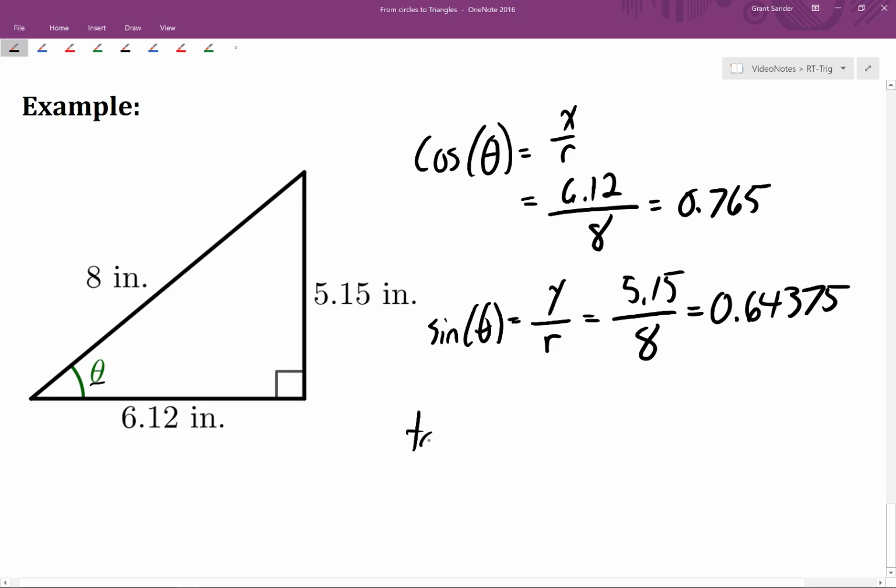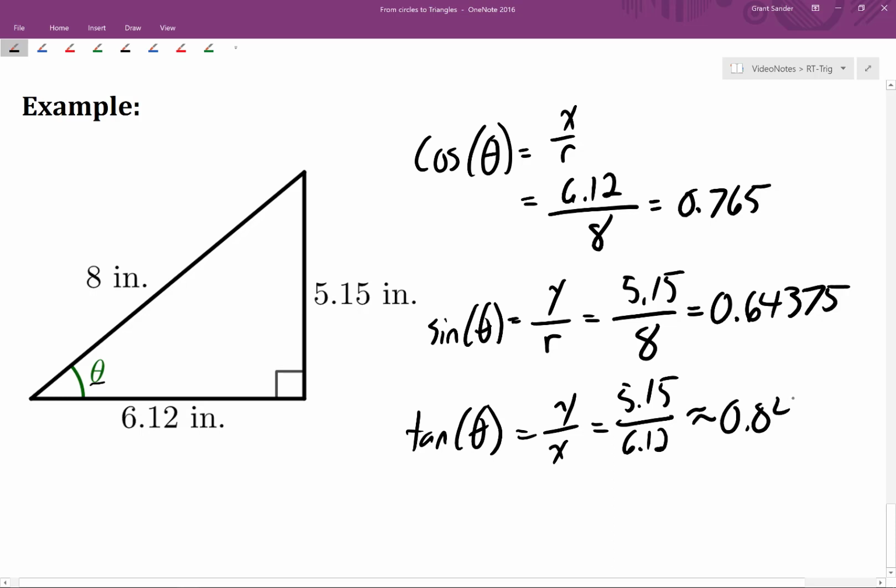And then on the other hand, tangent of theta represents the slope of the hypotenuse, which is going to be equal to the vertical side measured in the horizontal side, which is going to be equal to 5.15 divided by 6.12, and that's approximately equal to 0.84. So the hypotenuse of that triangle has a slope of about 0.84. So using what we know about the sine, cosine, and tangent functions, we can actually determine output values even if we don't know the measure of that angle, if we know the lengths of the sides of that triangle.